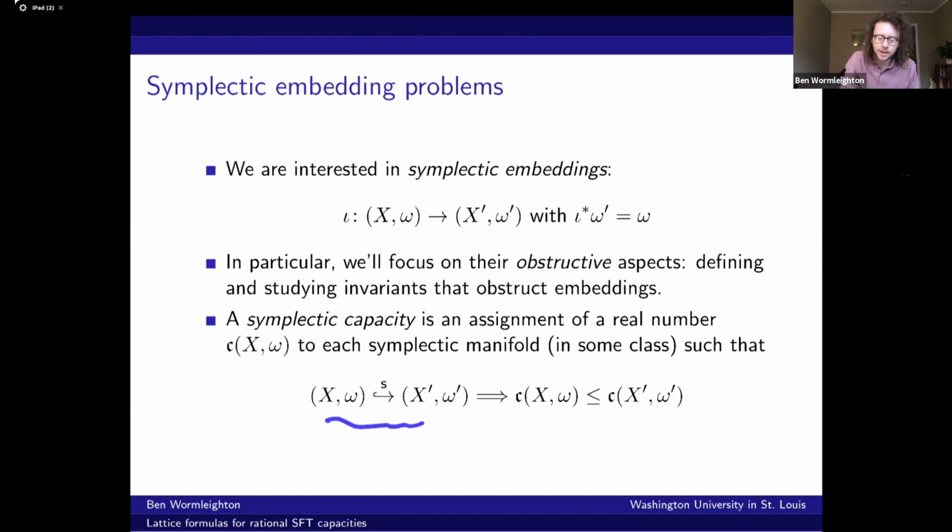If you have an embedding from X to X prime, and I'll use this curved arrow with an S on it to indicate the existence of a symplectic embedding, you're going to want your invariant to be increasing. And so if this inequality is violated, that means that no embedding can exist.